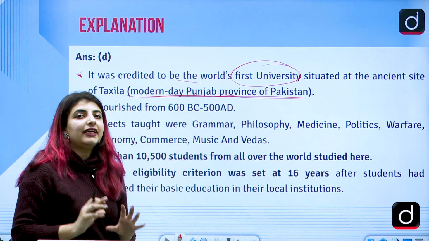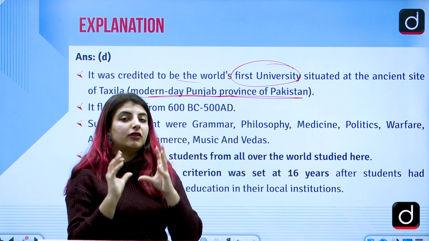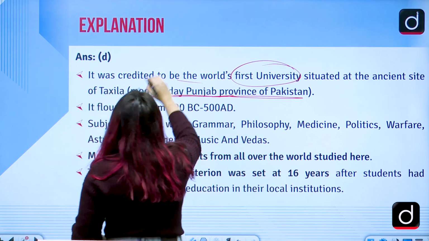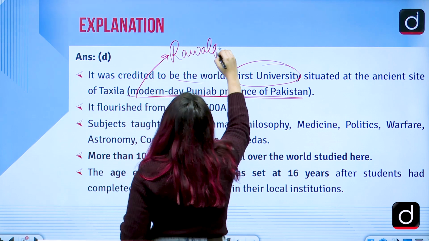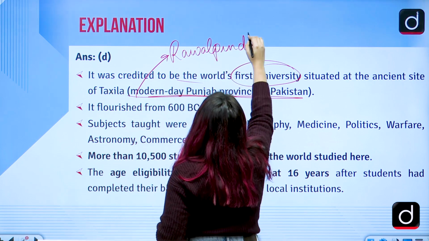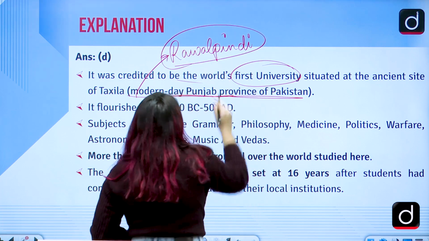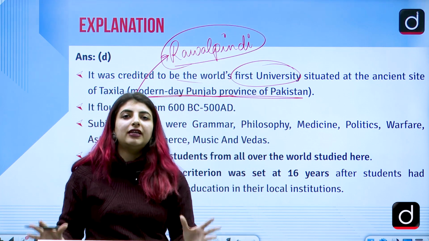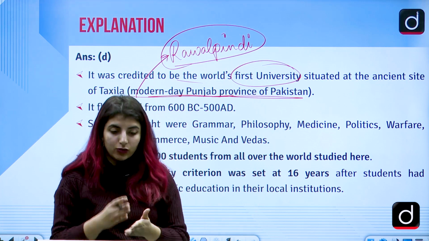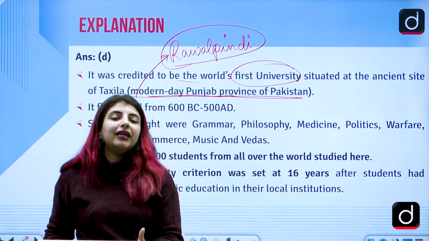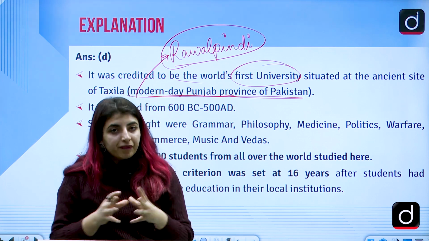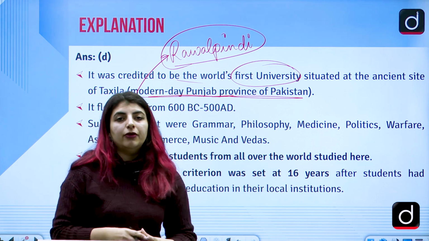Taxila is in modern day Rawalpindi, and Rawalpindi comes under Pakistan. Even if it was an ancient institution, India was not independent and not divided, and the partition did not happen at that point of time. Hence, the university was in the Indian subcontinent in its entirety.